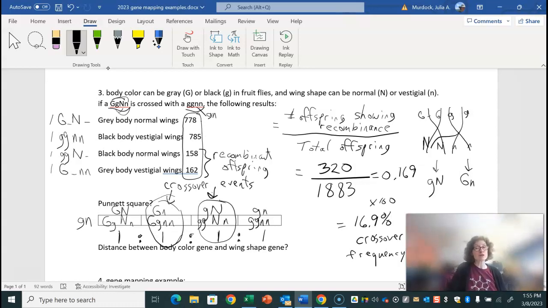Okay, so you also just very simply translate that into a distance. That's exactly what we're going to have you do. We're going to say, all right, now you're going to draw the chromosome.